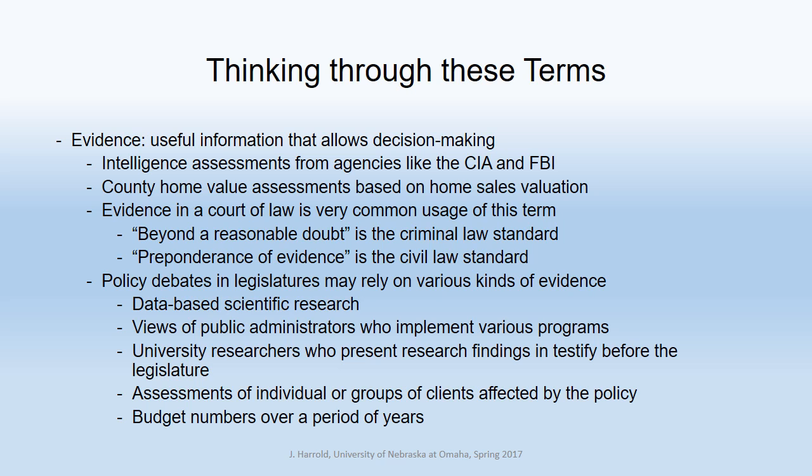So that's evidence. We use evidence in a court of law, and that's the very most common usage of this term, right? There's two standards, though, even of evidence in law in the United States. There's criminal law, where a jury has to find beyond a reasonable doubt that a crime was committed. What's supposed to happen in a criminal case is the state or the prosecution is supposed to prove beyond a reasonable doubt that this person committed the crime.